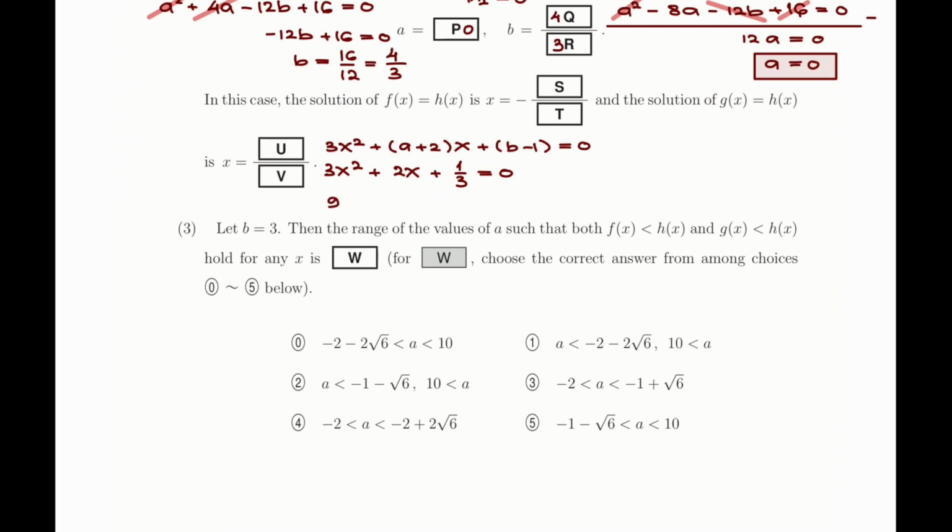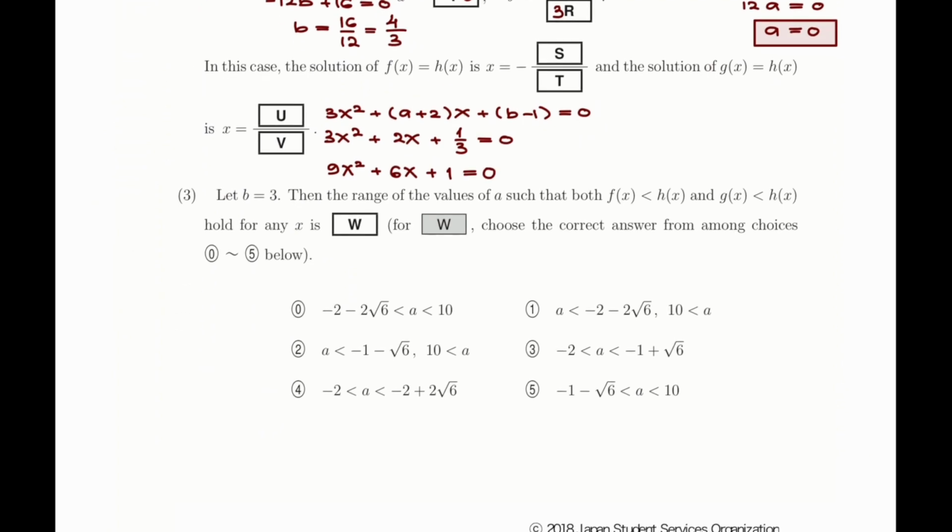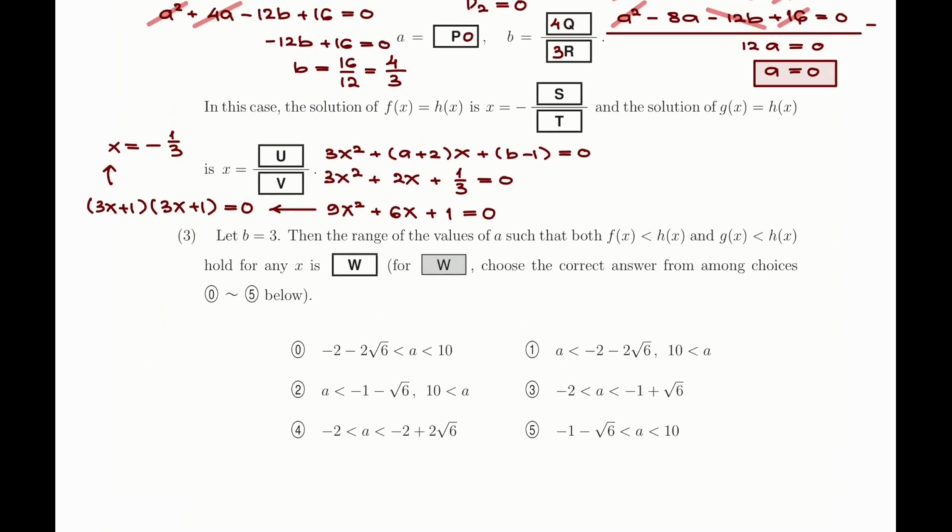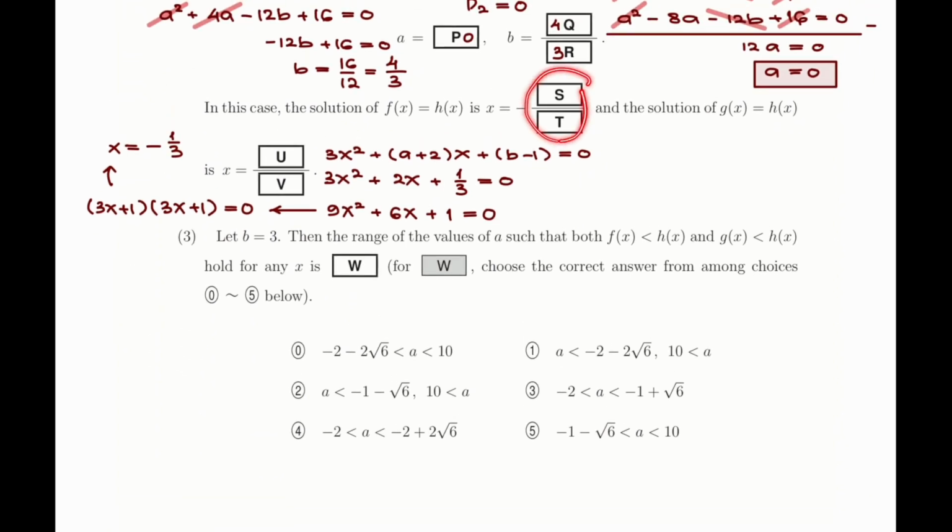I will get 9x squared plus 6x plus 1 equals 0. Of course, you can factorize this expression. If you factorize it, you will obtain 3x plus 1 squared is equal to 0. That means x is equal to negative 1 over 3. So my s and t here are 1 and 3.